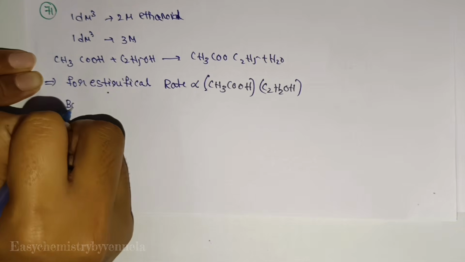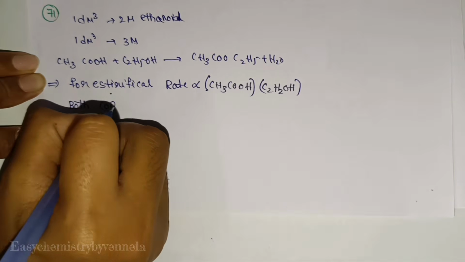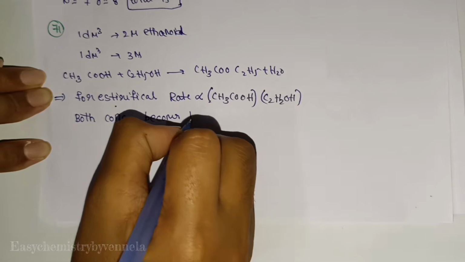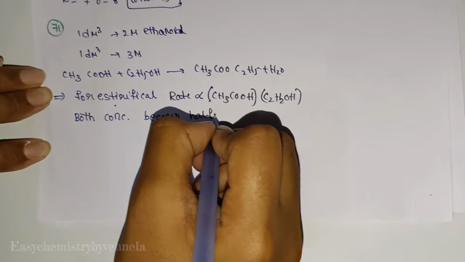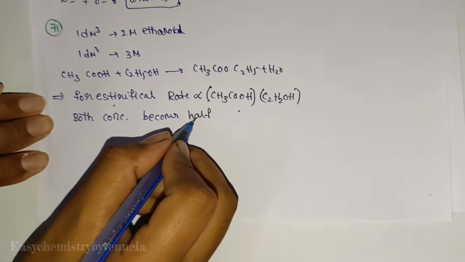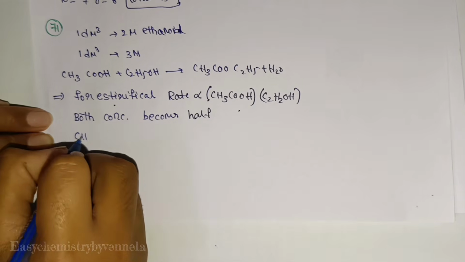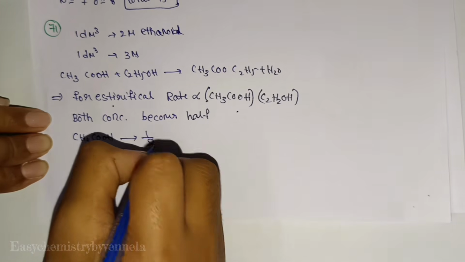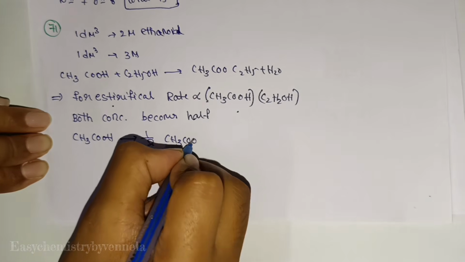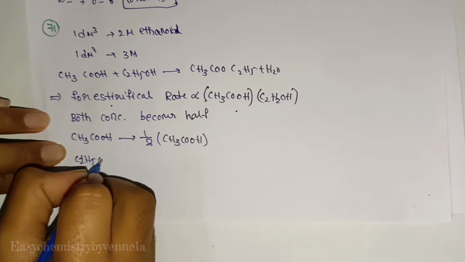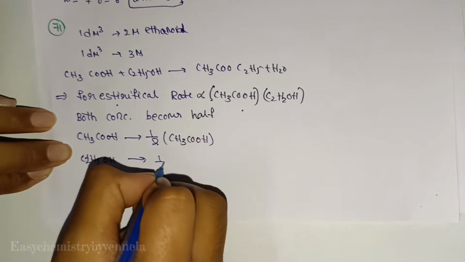So both concentrations become half. CH3COOH, that is half. Here also the same, C2H5OH is also half.